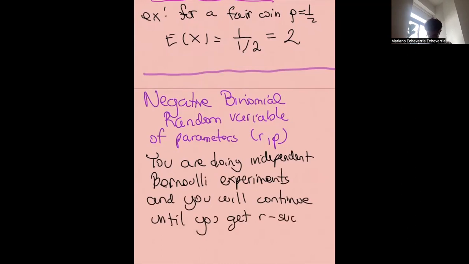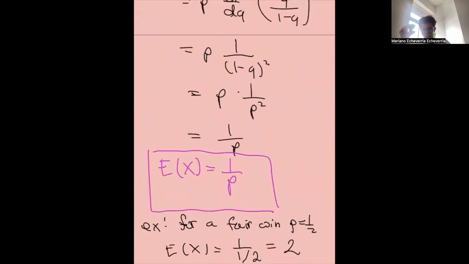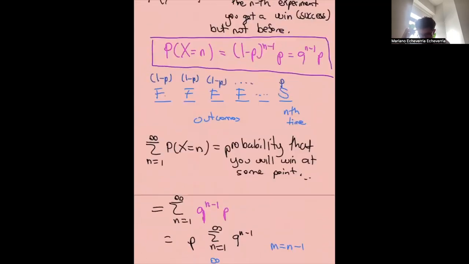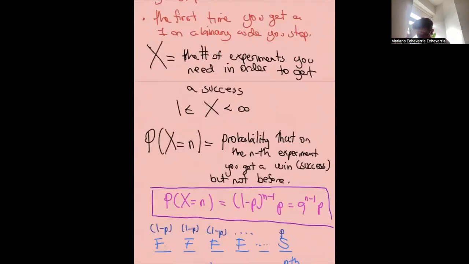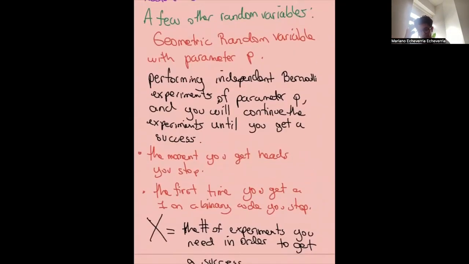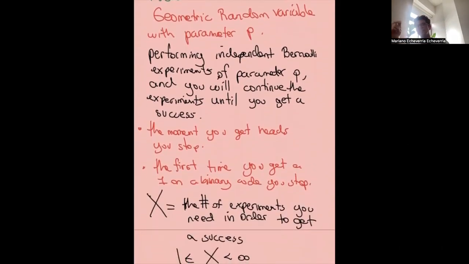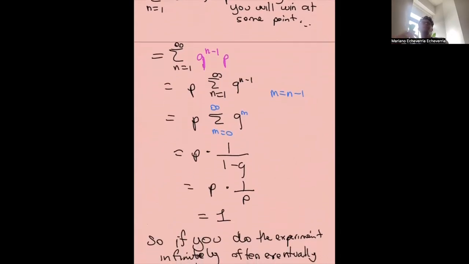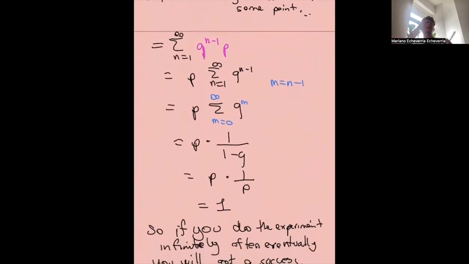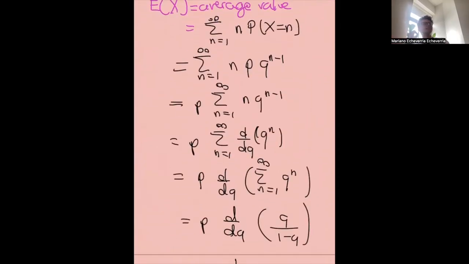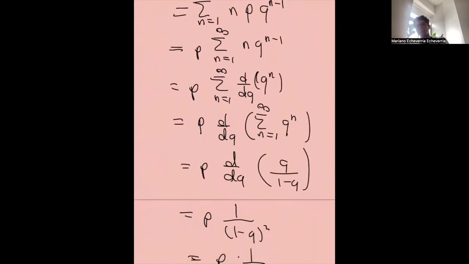So is this the same as the geometric thing? Oh, okay, right. Here's the difference. It is a generalization of the geometric one, because in the geometric one you just stop at the first success. In this one, you continue until r successes. So the geometric one is a special case of this one when r equals 1.